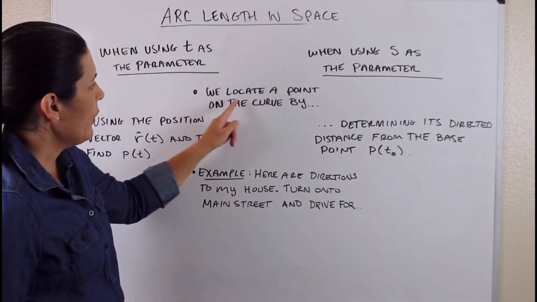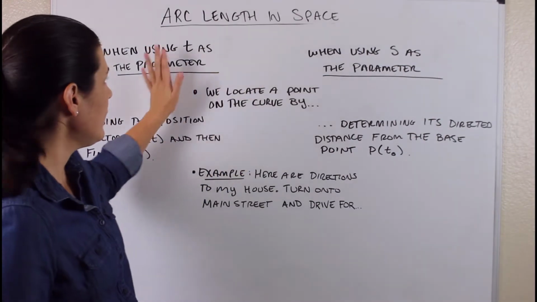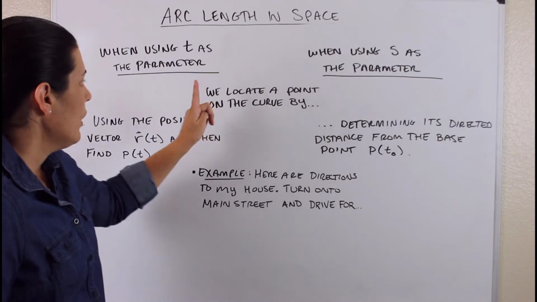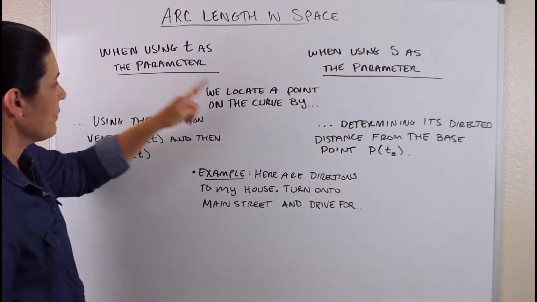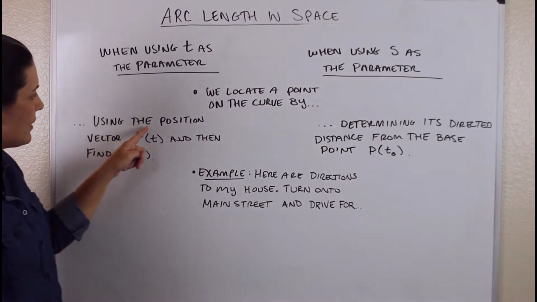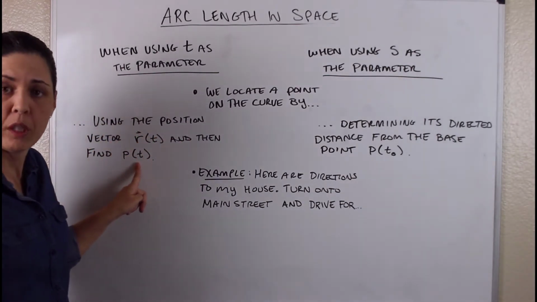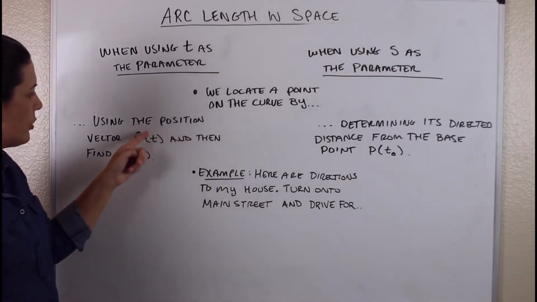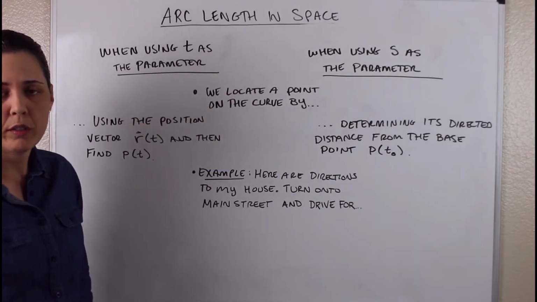If we want to locate a point on a curve, we do it two different ways. We locate a point on the curve when using t by using the position vector and plugging in t. We plug our t value into this position vector and find the next point on the curve that we're looking for.